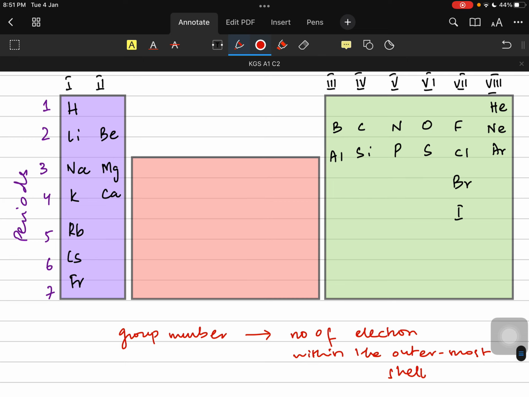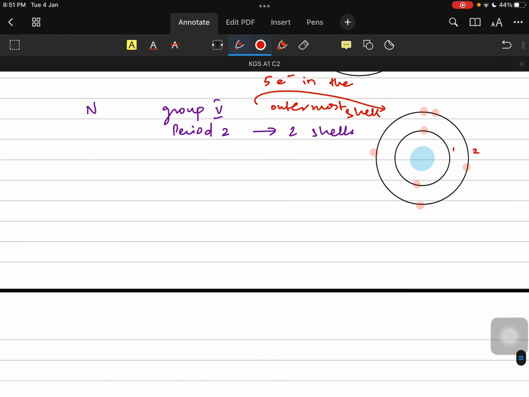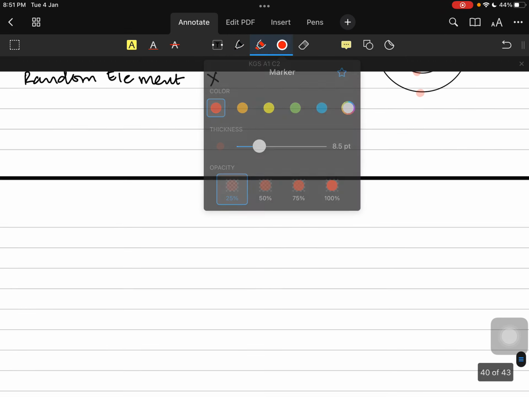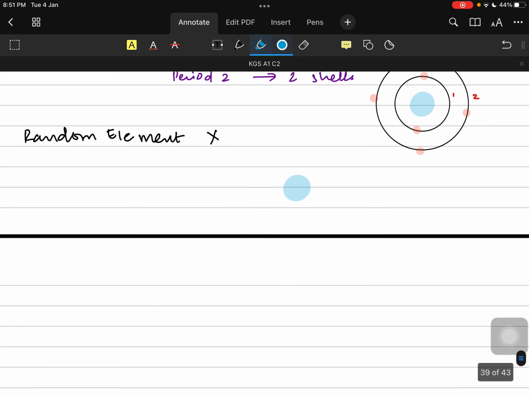So we can pick any element and decide which element it is going to be. For example, a random element X. Let's suppose X has a nucleus, and let's suppose X has 2 shells. For example, I'm drawing its structure.